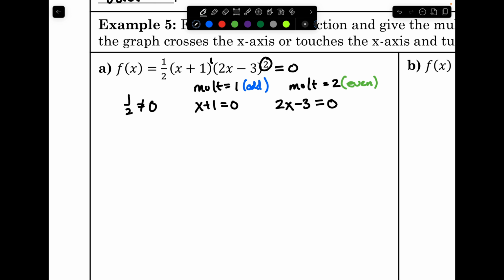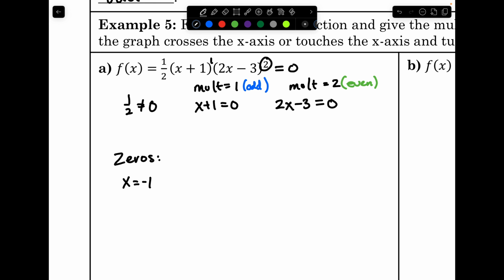So let's figure out what the zeros are. Well, the 0 for the first one, this one doesn't have one, so we don't have to worry about that. But this one has a 0 of -1. Now, what's going to be the effect on the graph without having to graph this? What's going to happen at x equals -1?